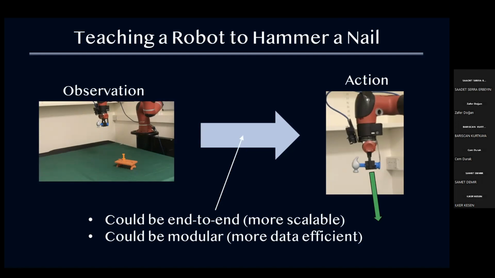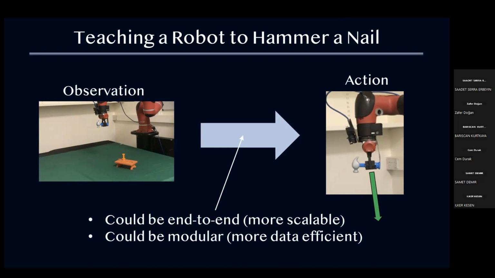This could be an end-to-end solution. We could train one big neural network that takes in an observation and directly predicts actions at its output. That's a very scalable solution in that it can just absorb more and more data. As we know with deep learning, usually the more data you give to a network, the better it becomes. So this is quite a scalable solution, but it does require an awful lot of data.